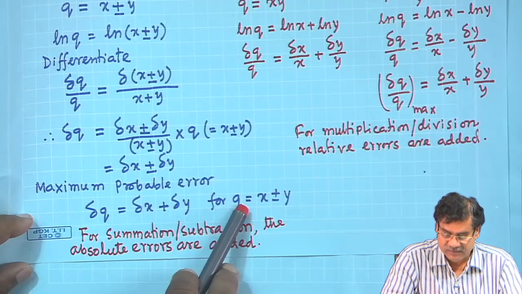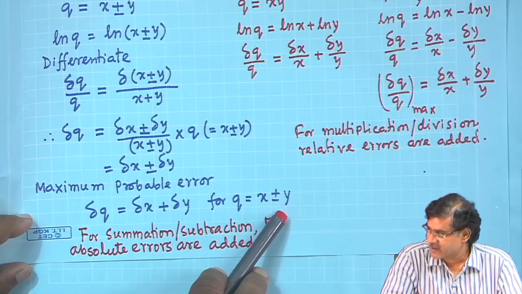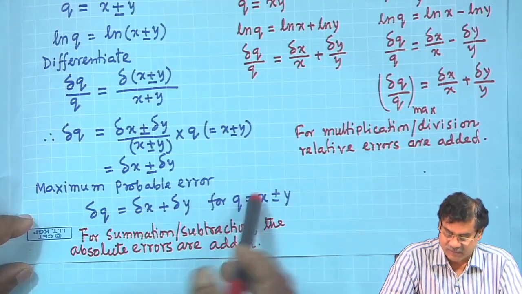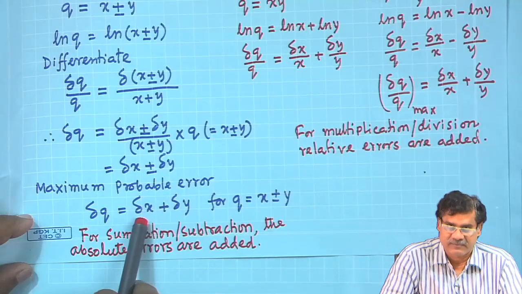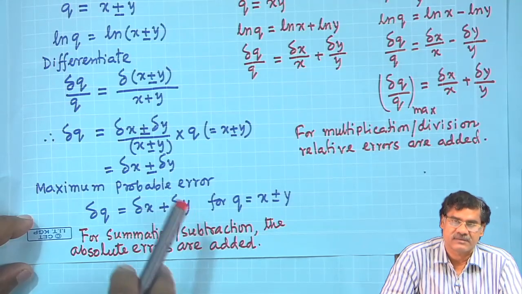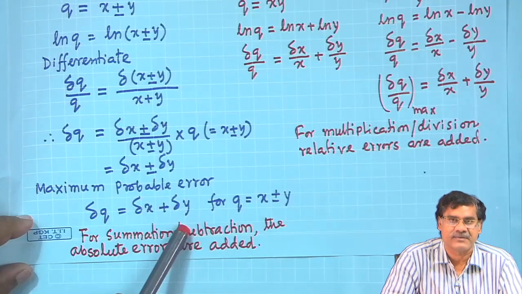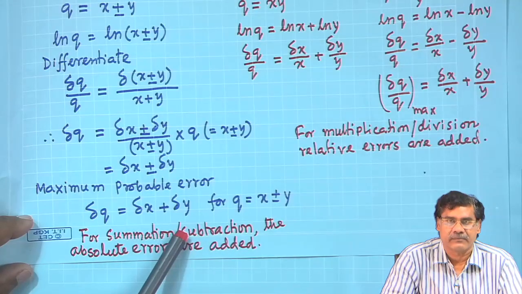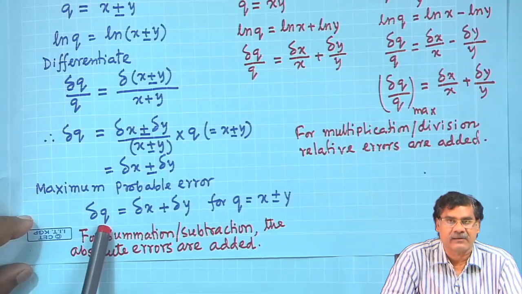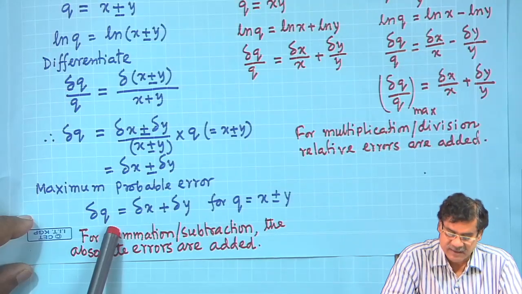So, this is for x plus minus y. So, whatever we have learned, for summation and subtraction these absolute errors are added for getting the error in the calculated parameter.